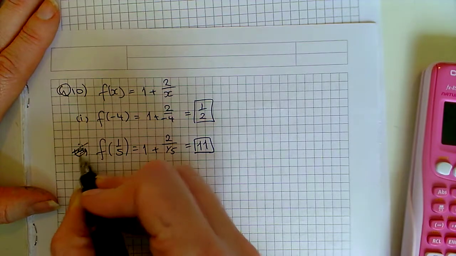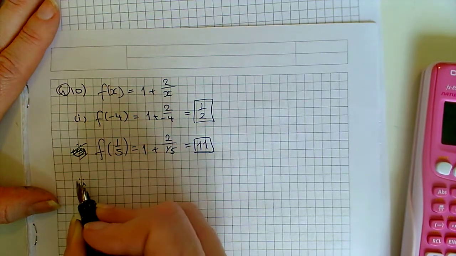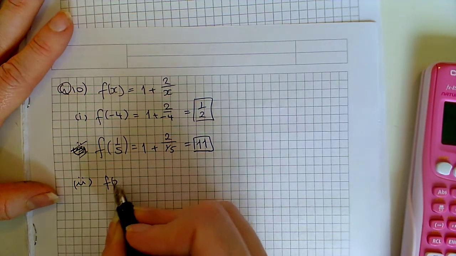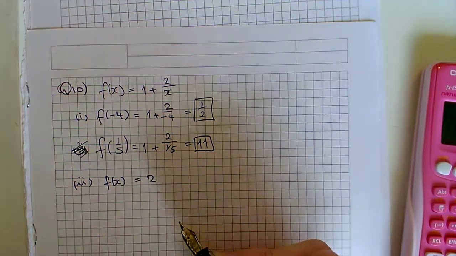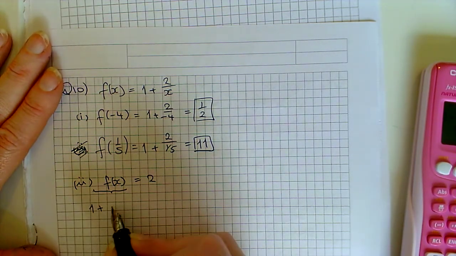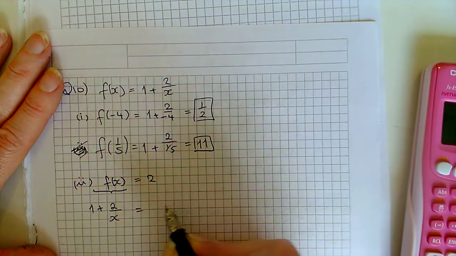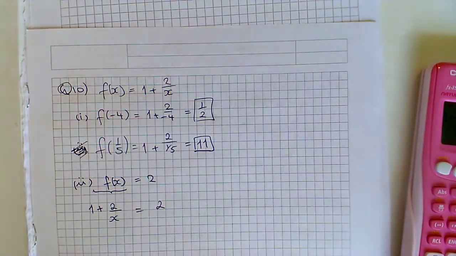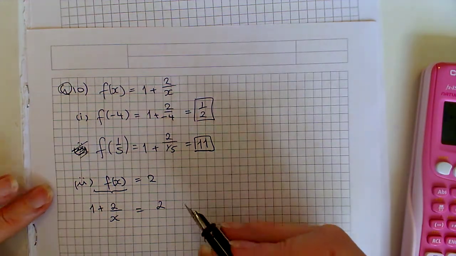Okay, both of those were part 1. Part 2 then, we're asked to find the value of x for which f of x is equal to 2. So I'm replacing my f of x with 1 plus 2 over x, and we're saying that it's equal to 2. I don't just have two things on either side of the equal, so I can't cross multiply.